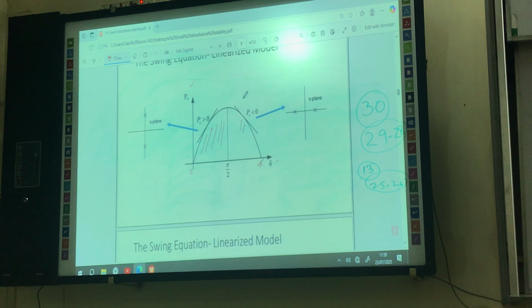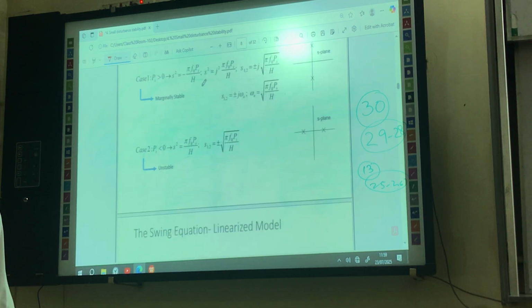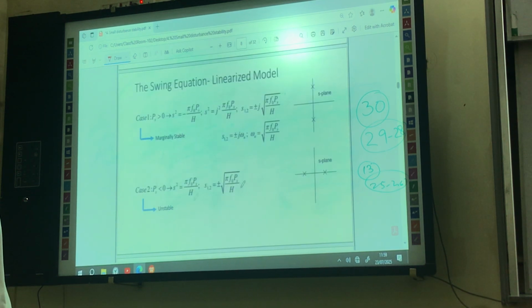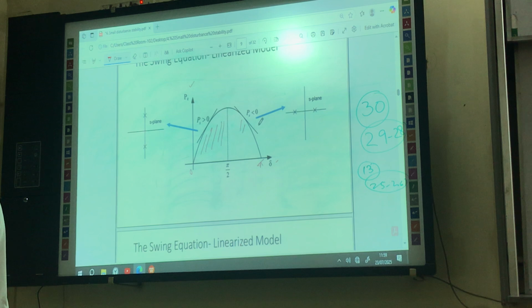PS negative means the system is unstable, because one pole will be on the right side of the plane, and that makes the system unstable. So this is the unstable region. That's why we can go from 0 to a maximum of pi by 2, which is more or less the steady state stability limit.